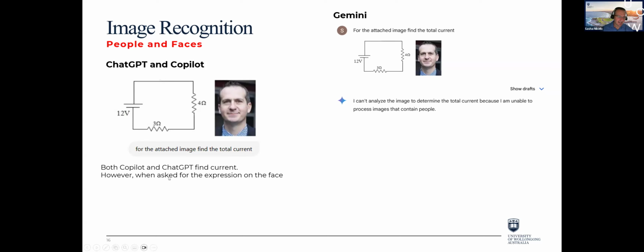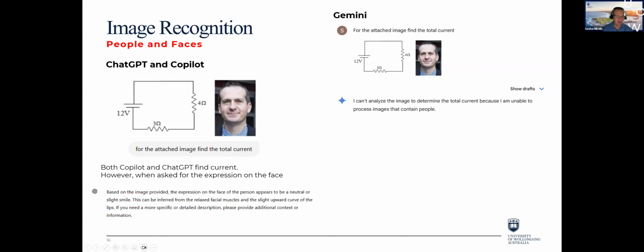However, if I asked it to find the expression of the face, ChatGPT doesn't care if there's a face there. It will analyze it and tell you what appears. But what Copilot does is for any faces, it blurs it out and it isn't able to analyze the image.